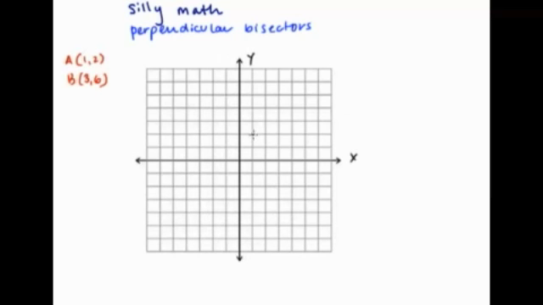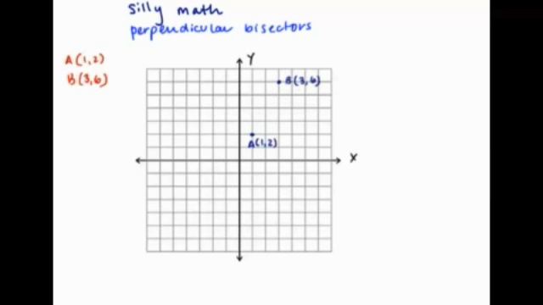Let's pick a color, and this can be A. That should be A, 1, 2. This could be B, 3, 6.